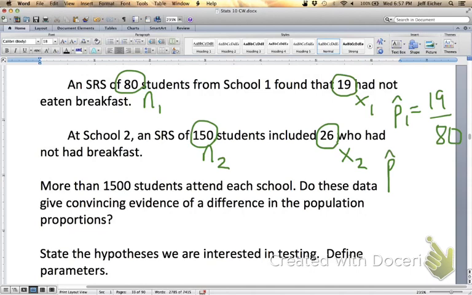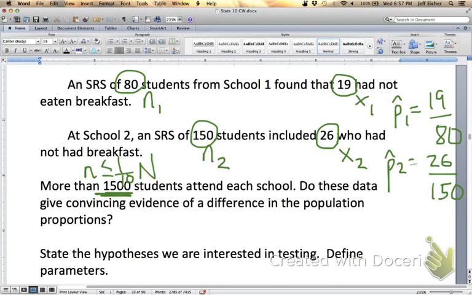And P hat 2 would be 26 over 150. Notice this number is given when you check the independent condition n is less than or equal to 1/10 of big N.